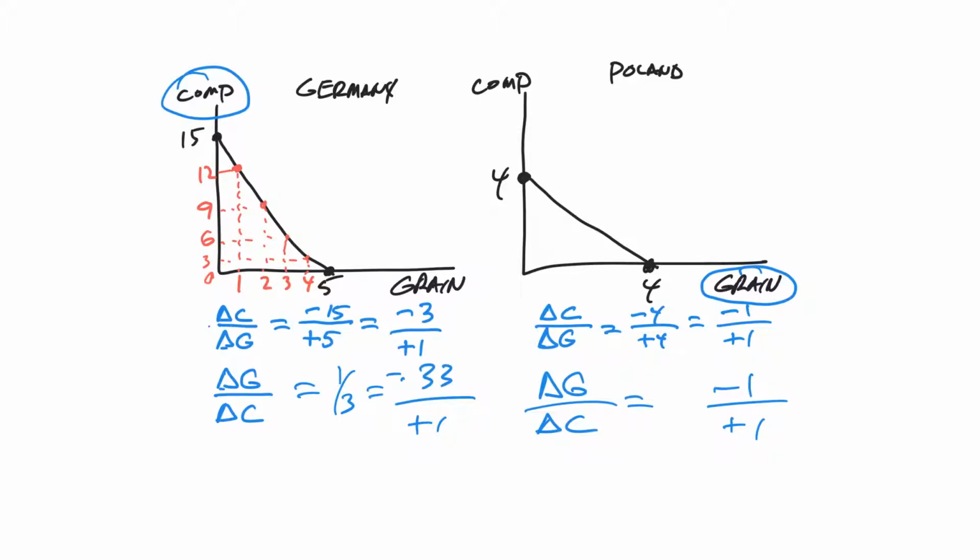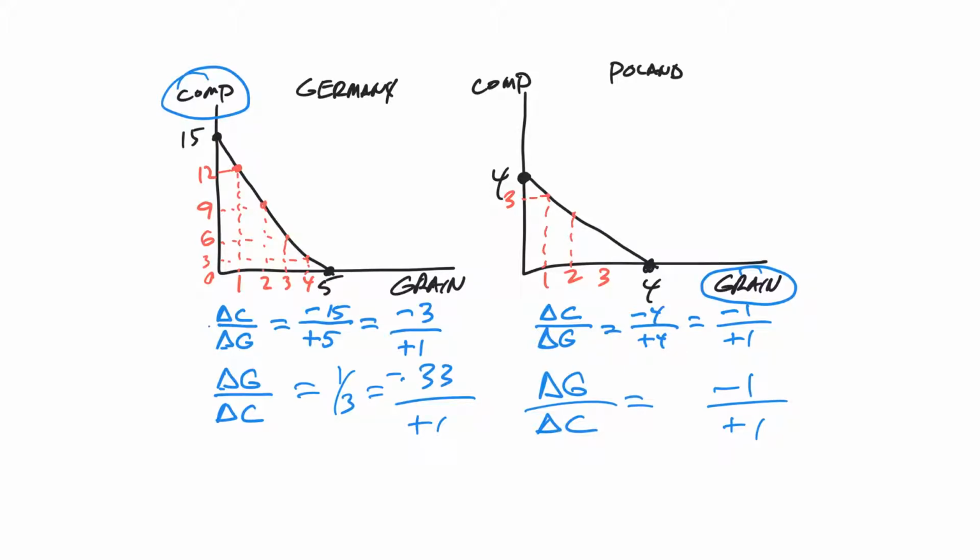How about Poland? Well, we know that 1 grain costs them 1 computer. And I know this is a little tedious. That means they have to go down from 4 to 3 computers for that first unit of grain.